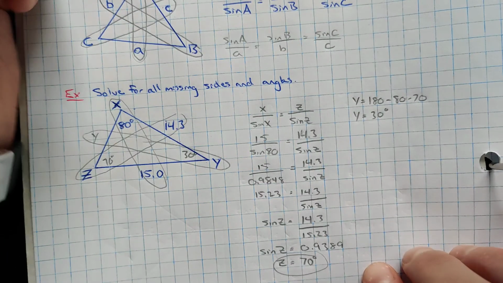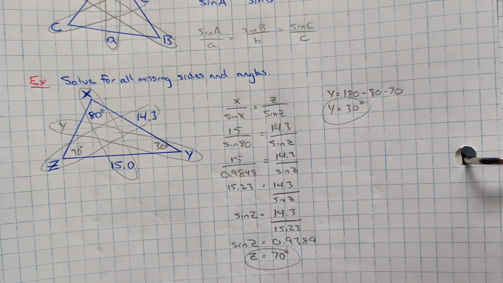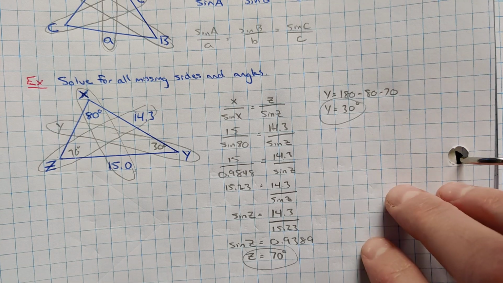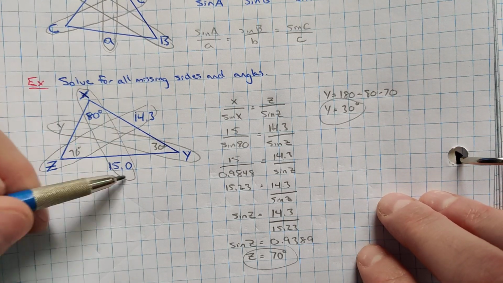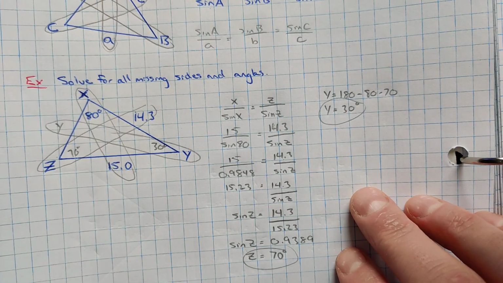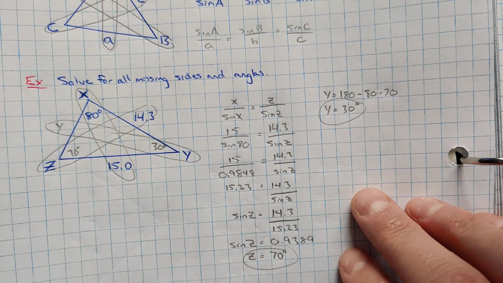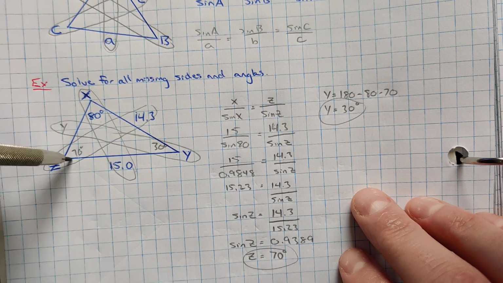So I found angle Z, I found angle Y, and now I just have to find side Y. So again, we will use the sine law. I'm going to go back to the X here. You can use the pair with the Z as well, but the X will give us a little more accurate of an answer because those are exact numbers. We rounded for the 70.